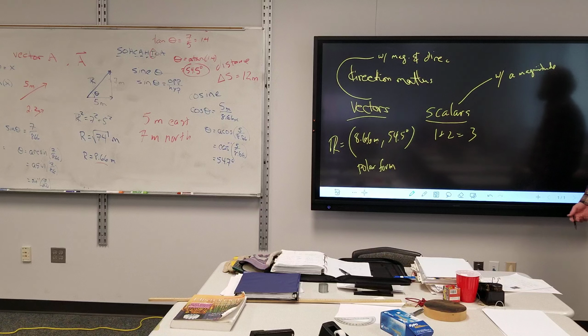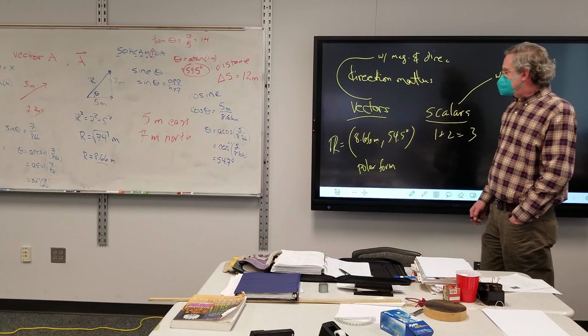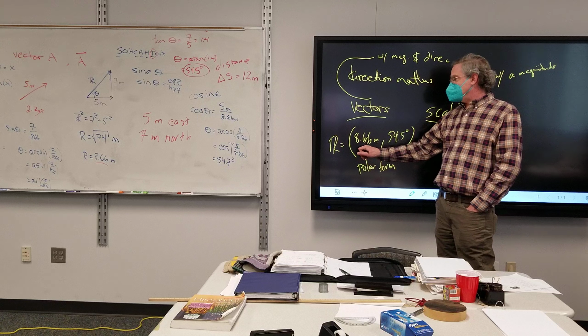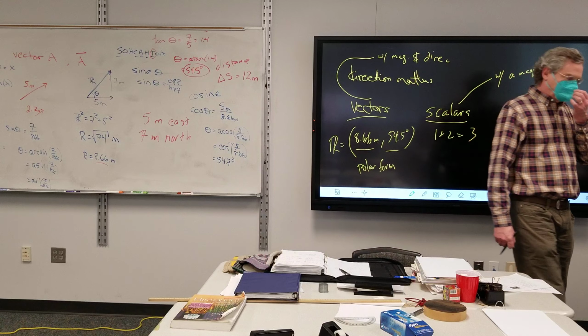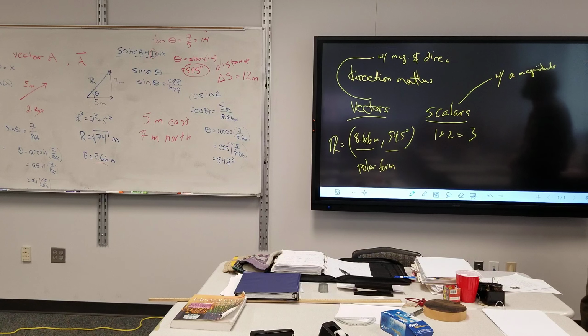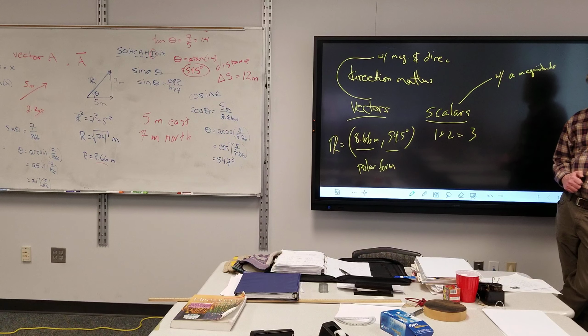However, of course, there's a simpler way of doing it. Are you saying both numbers are known as polar form? Polar form is this combination where I give you a magnitude and a direction. There's also rectangular form.